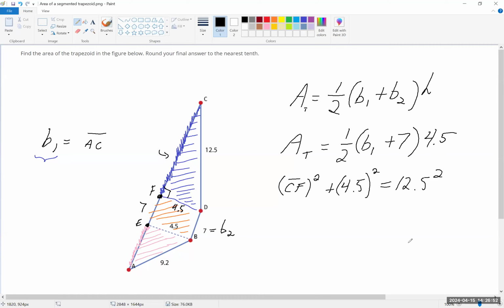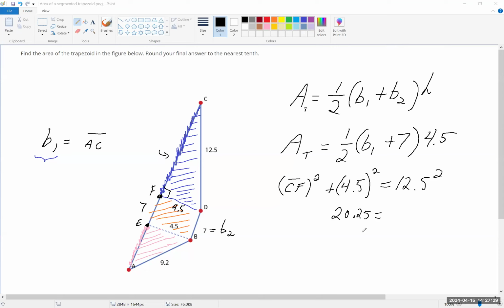It may have become obvious to you pretty quickly. So I'm going to take 4.5 and multiply it by itself, or just say 4.5 squared, that's 20.25. I'm doing that with a calculator off screen.